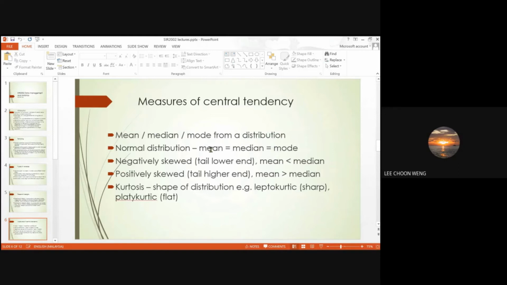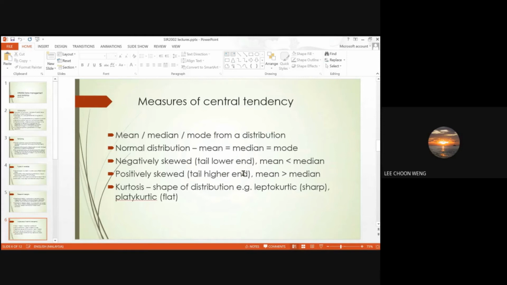However, in real life, a lot of data, especially in microbiology, does not follow a normal distribution. So you will have negatively skewed, where the tail is at the lower end, and positively skewed, where the tail is at the higher end.